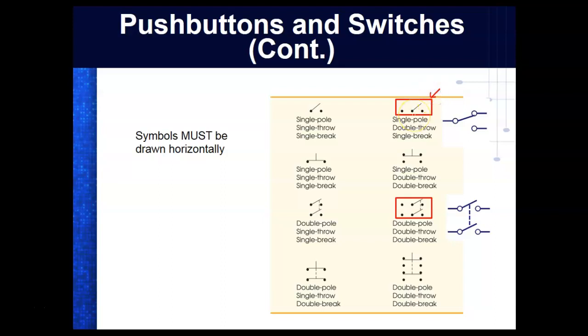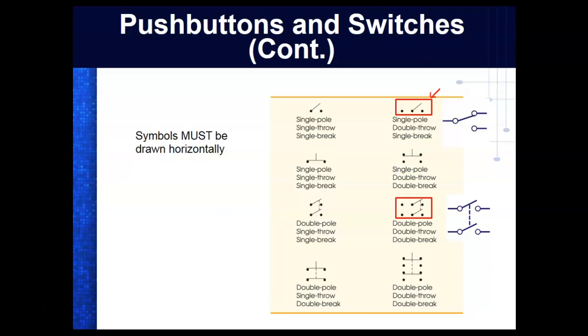So basically, on switches, and even relays, we have what we call poles, and then we have what we call throws. A pole is the number of switches that are controlled by the same operator. That means when I change the state of that operator, all the switches, all the poles change. That makes sense?